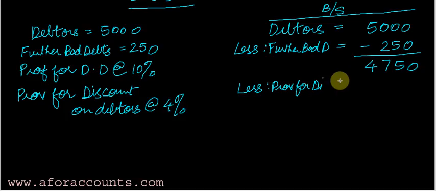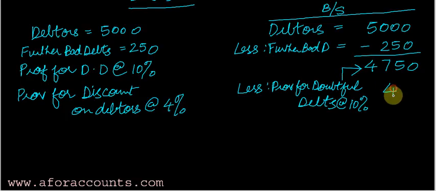So provision for doubtful debts at the rate of 10%. 10% of 4,750 is 475. Subtract it from here. You get 4,275.